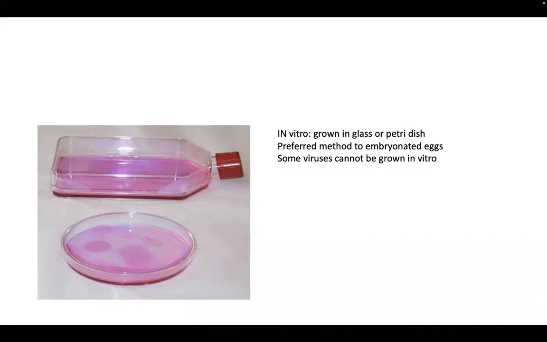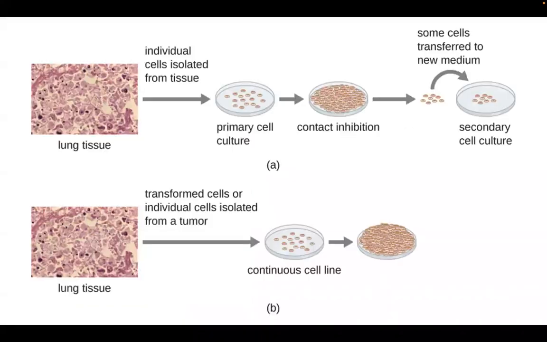For example, the primary cells will grow exhibiting contact inhibition, because normally the cells in the primary cell line don't get contact with each other.